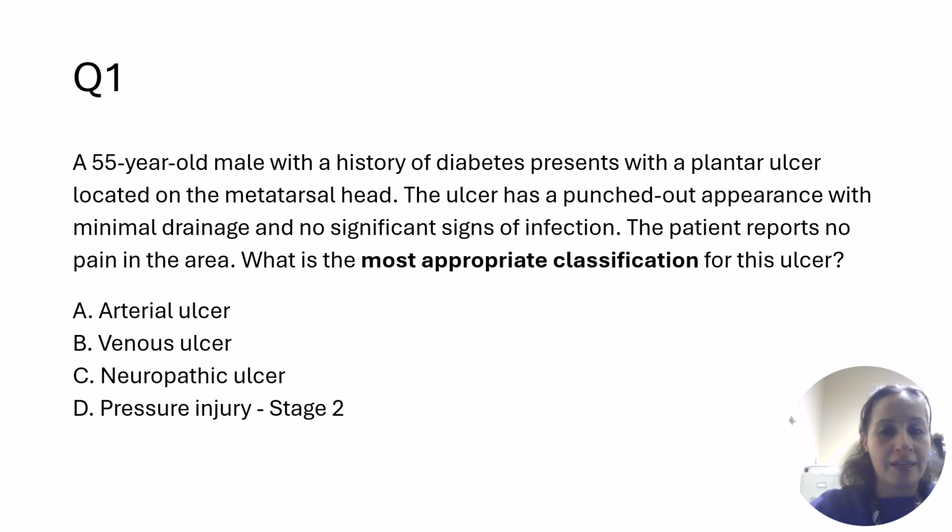And then it has that typical appearance and no pain, which means they probably have lack of sensation. So bottom of the foot, I think of neuropathic. Top of the foot, then I can go more towards arterial. But because it's giving you the diabetes, a neuropathic ulcer literally happens in our diabetic patients. And then the plantar part of the foot.